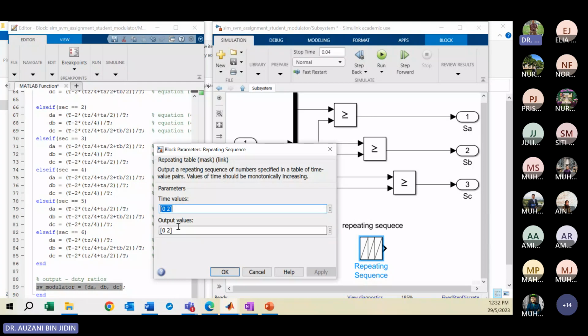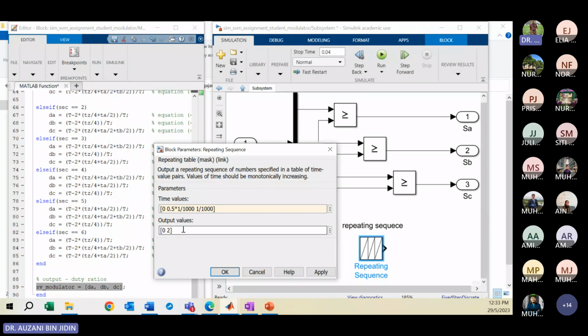In order to design the triangular, you need to identify the 3 important points to sketch one complete cycle of triangular. The first time is 0, then here will be half of the switching period. How much is it? 0.5 times 1 divided by F. Then your T will be the third point.